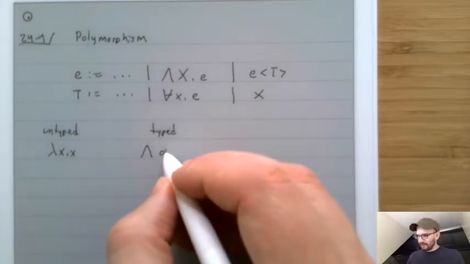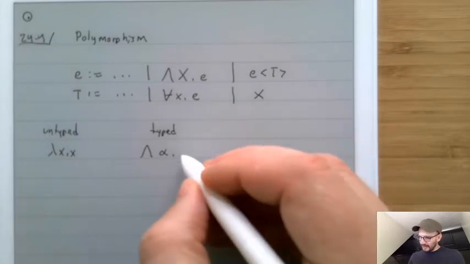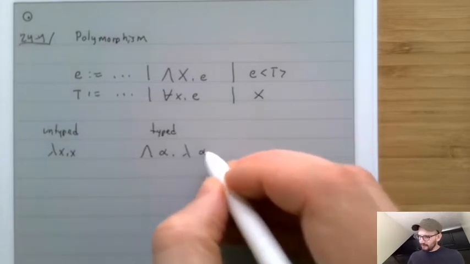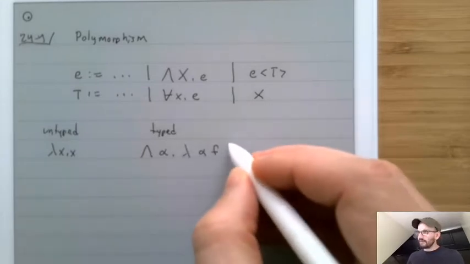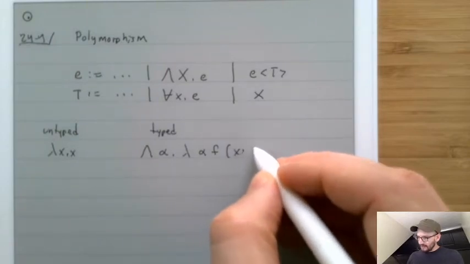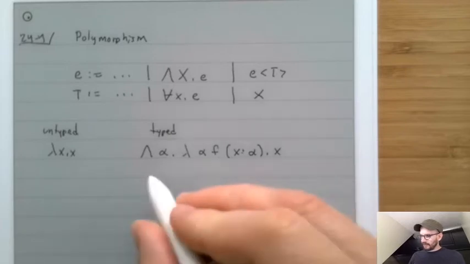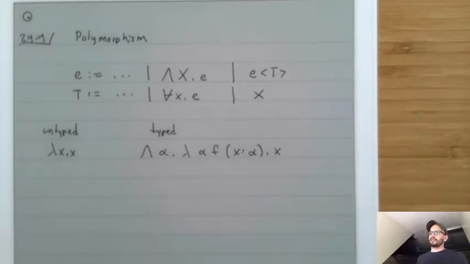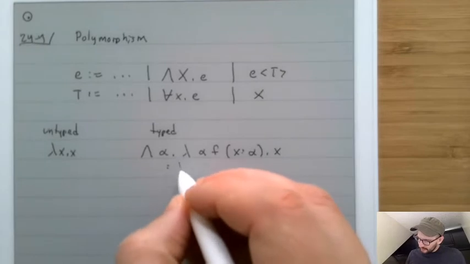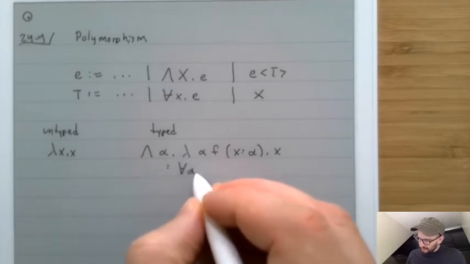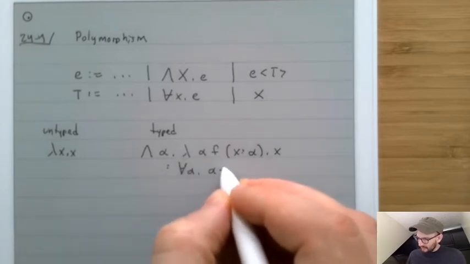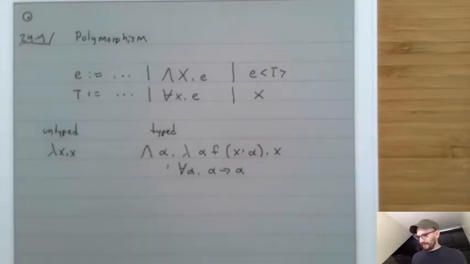So we'll write alpha, and then we'll say lambda f, x is of type alpha, return x. So that right there is the identity function. Now, what is its type supposed to be? Its type is supposed to be for all alpha, it takes an alpha and returns an alpha.